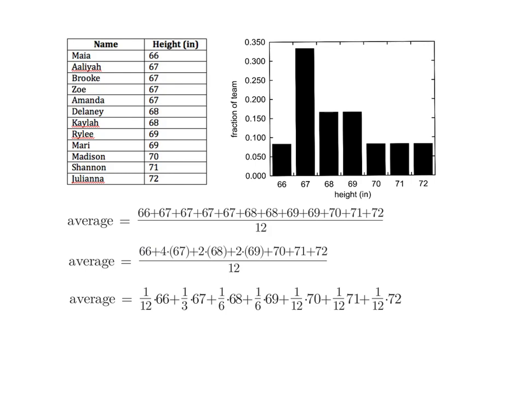If we take a moment to look at this last result that we got, we can see that each height that shows up in the height distribution is multiplied by the fraction of times that it shows up in that distribution.